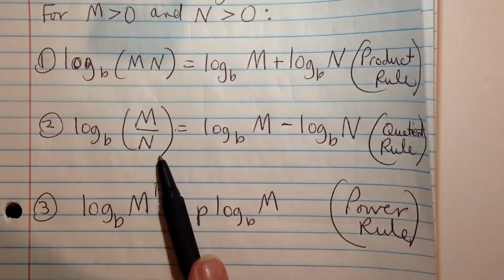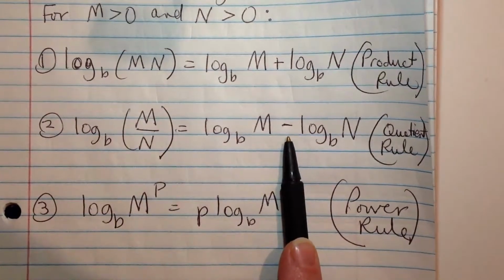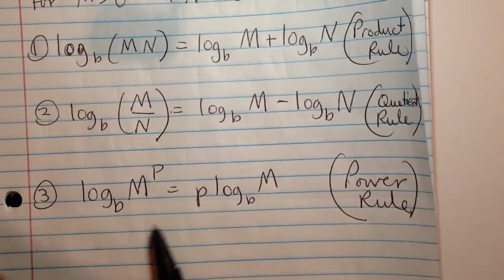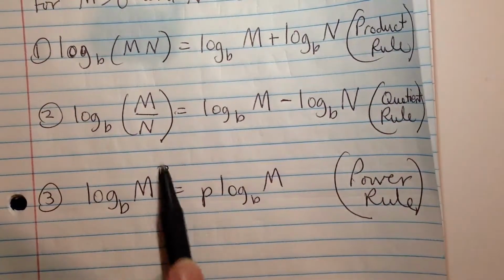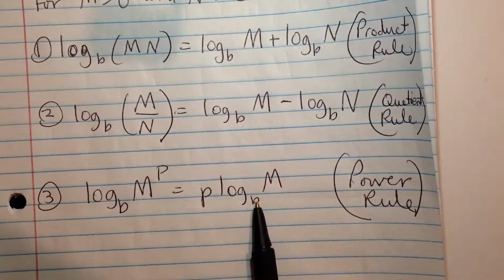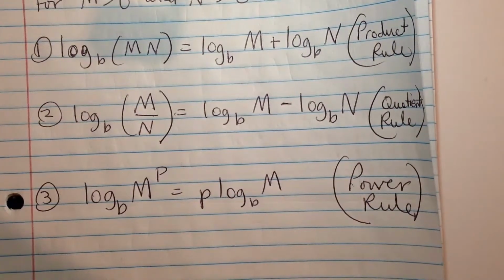When they're divided, you separate them apart and subtract. Difference means to subtract. And then your power rule. Anytime you have an exponent, you bring it to the front. It would become p log base b of capital M. These are your properties of logarithms.